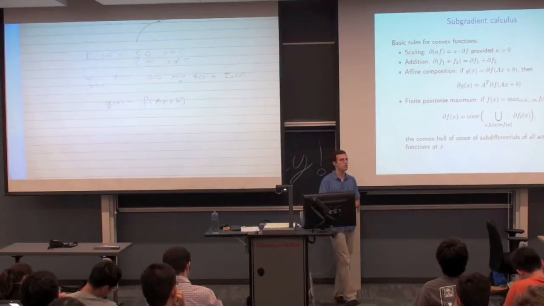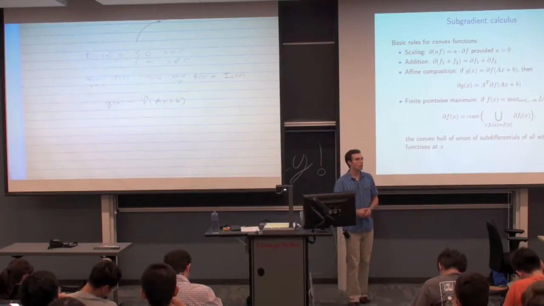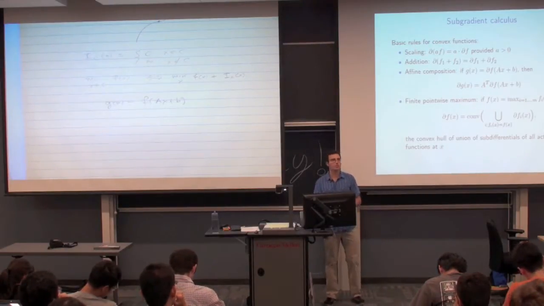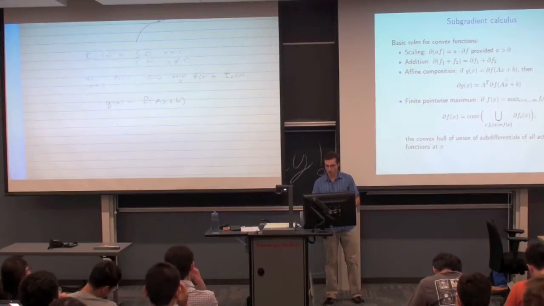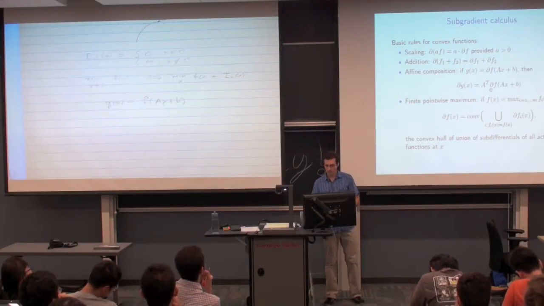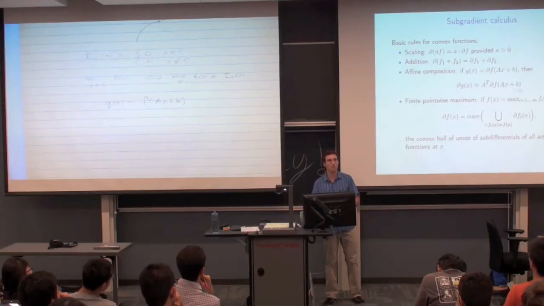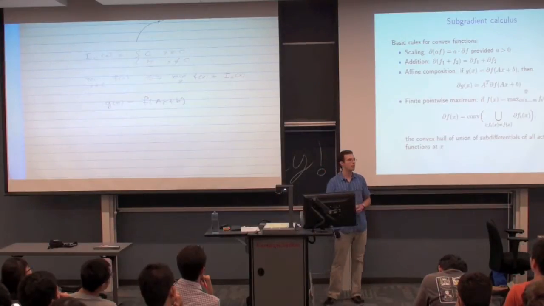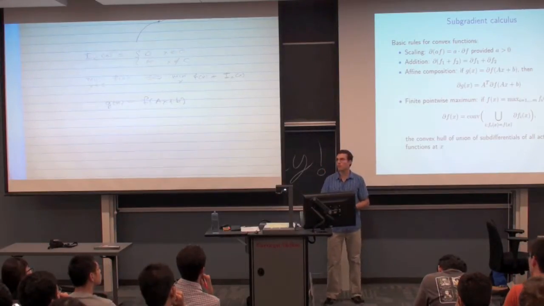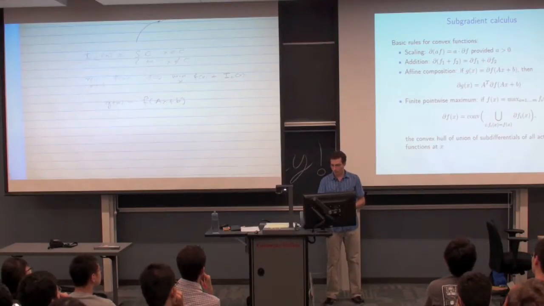So you might ask, what are the subgradients of g? Well, it's just like the chain rule for differentiable functions. I have to multiply by A transpose. And then A transpose times any subgradient in the subdifferential of f at the point Ax plus b is a subgradient of g. Again, this is a set, so this means I take A transpose times any point in that set and it gives me a subgradient. So these should all look familiar from the chain rule and from calculus rules for gradients.